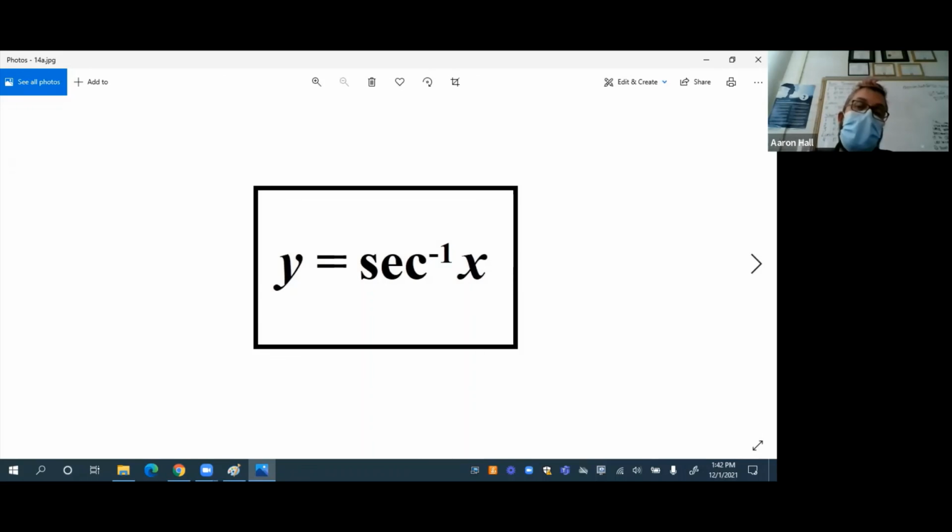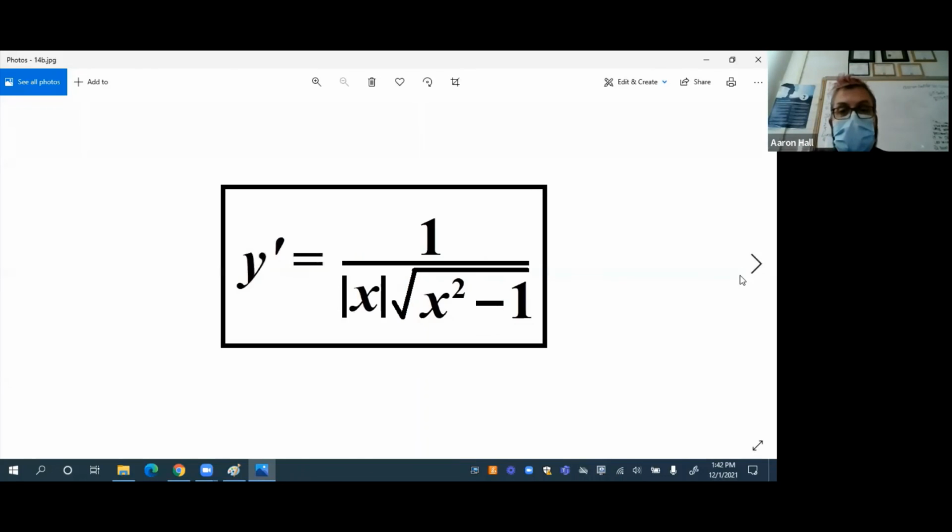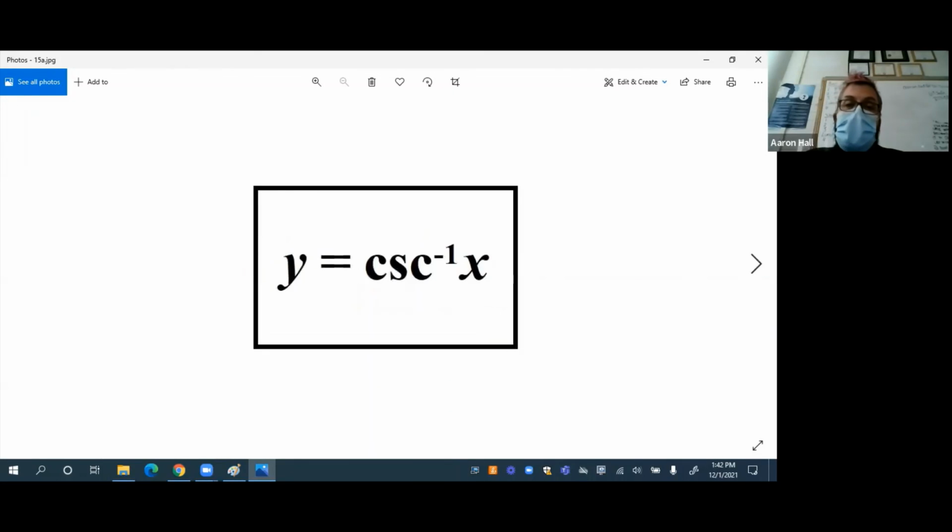Yeah, this one is one of the hardest ones. It's not a cofunction, so we know it's positive. This is 1 over the absolute value of x times the square root of x squared minus 1. There we go.